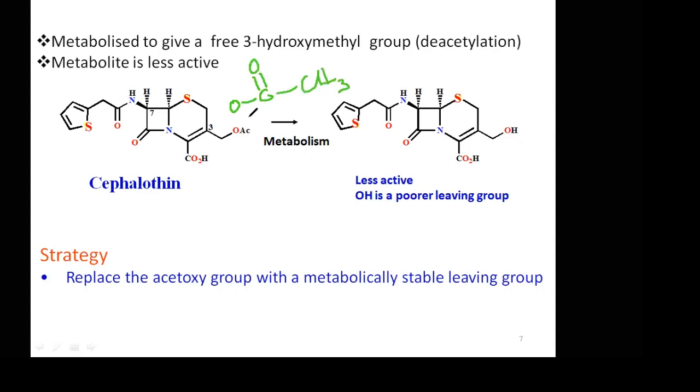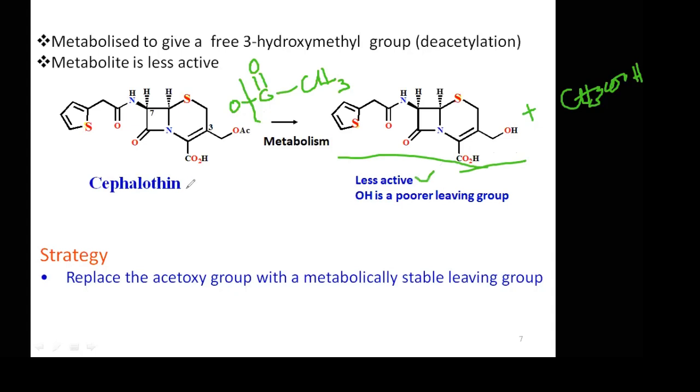By hydrolysis or the esterase enzyme, it breaks and you get this compound plus acetic acid. Now this metabolite is less active.